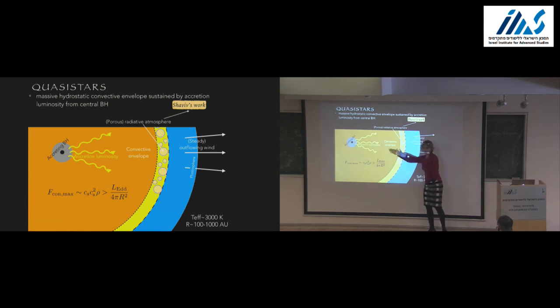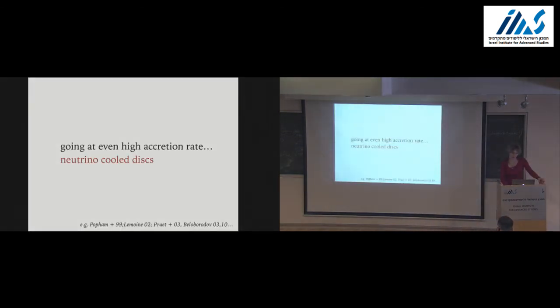So here, the radiative force wins over gravity, and there are super radiation-pressure-dominated super Eddington winds. Okay. So the extra energy is gone with the wind. You can also have a jet, but the picture is that you have very, very strong winds, mass loss.